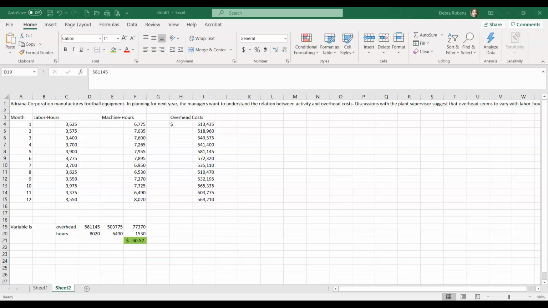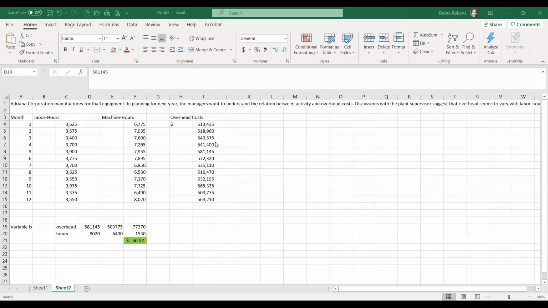Okay, let's go back. I'm going to share my Excel spreadsheet and do it a different way and see what kind of answer I get. Now, the highest activity for, oh, I got you. I think I know what I did. Looking at our overhead costs, we want to go with our highest activity, and that's going to be the 581.